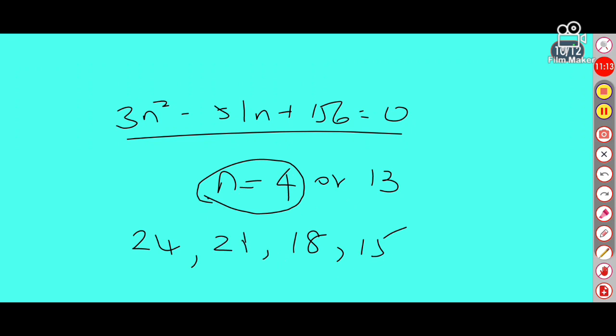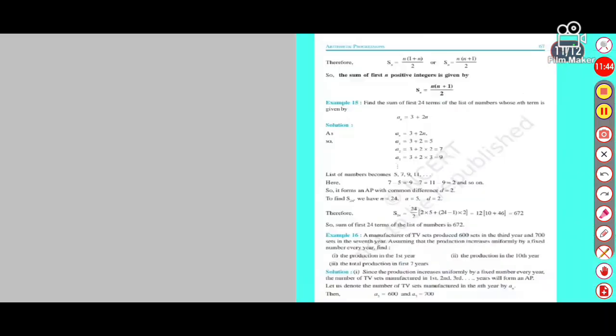N is equal to 4, but in the question both values of n are admissible, so the number of terms is either 4 or 13. That is not the correct answer. The answer is n equal to 4. Why? Because when you sum 24 plus 21 plus 18 plus 15, you get 78, which is what is asked in the question. So how many terms must be taken? The first 4 terms are taken so as to yield the sum 78. So n equal to 4 is the right answer. N is equal to 13 will not be the right answer, right? So that will be your conclusion.